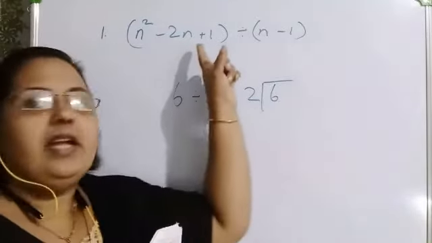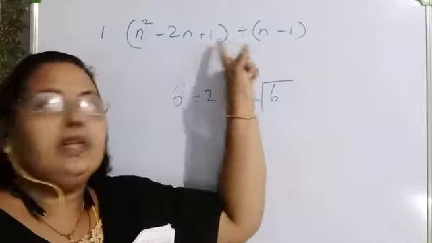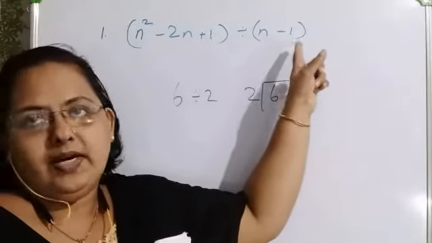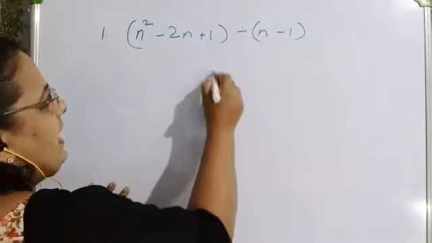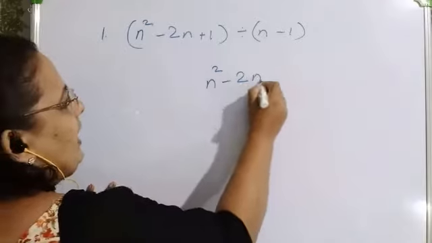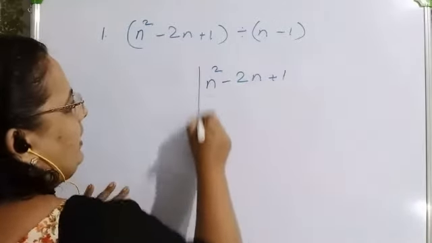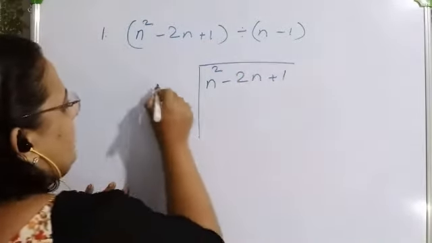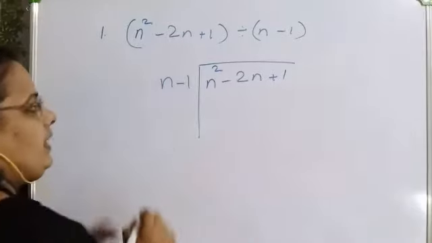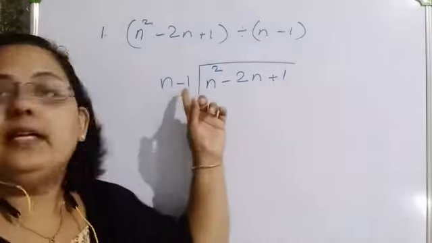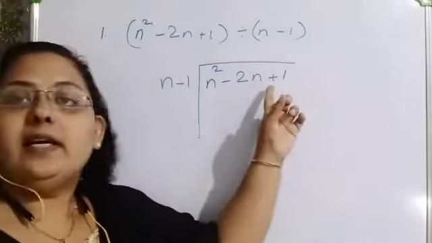The same way here, this is the dividend and this is the divisor. We will be writing this n square minus 2n plus 1 inside this box and n minus 1 outside, because this is the divisor and this is the dividend.